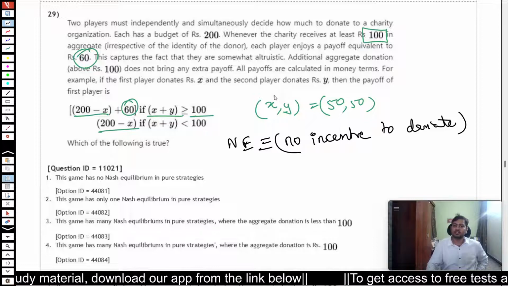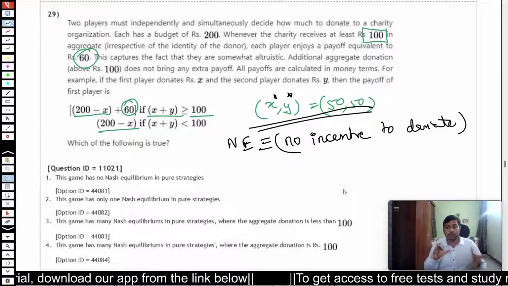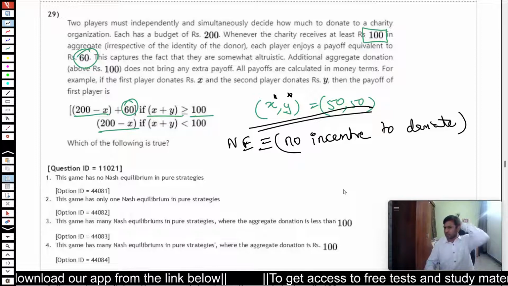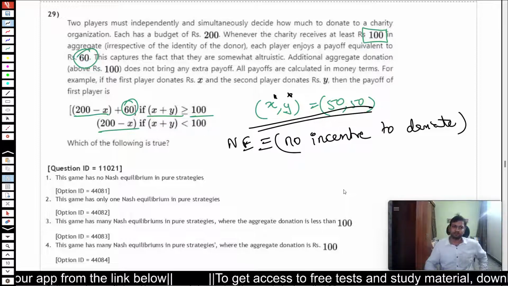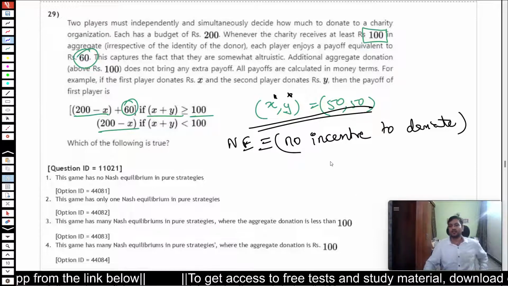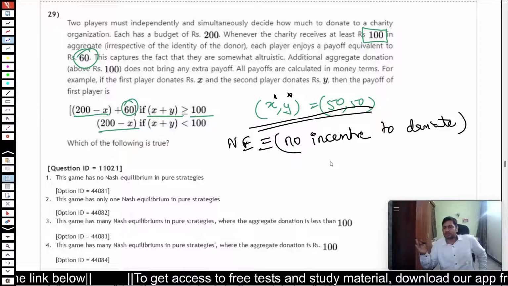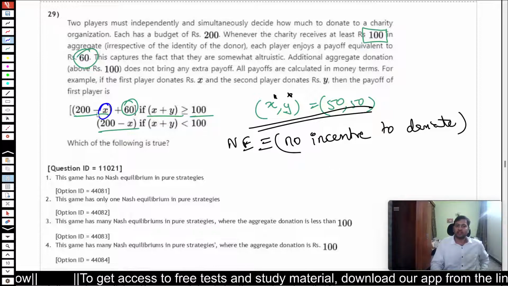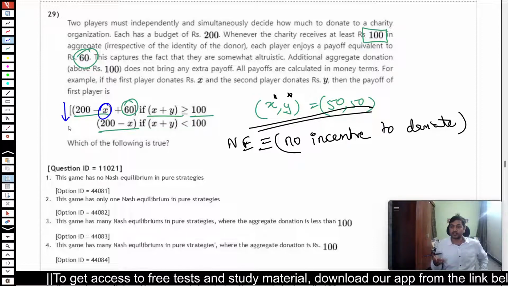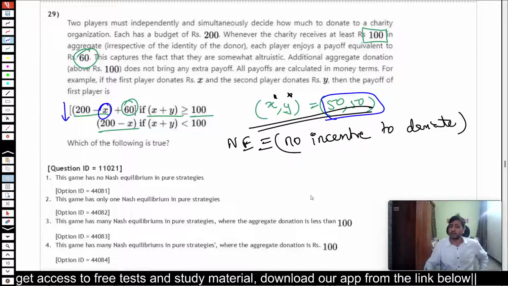So that is the strategy profile from which no person has an incentive to deviate. So suppose I consider this particular strategy profile where both the people are donating 50 rupees each. So does somebody have an incentive to deviate from this point? Okay. So if person 1 increases donation, if he increases x, overall utility reduces, because the project is anyway going to be taken up right now. 100 rupees is being donated.